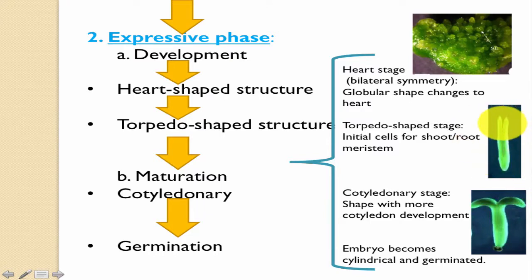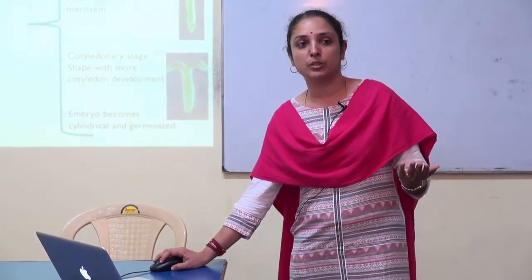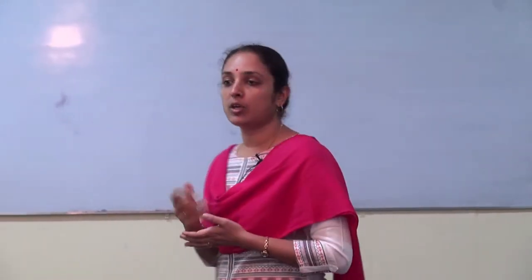with two cotyledonary shaped structures which are going to develop into leaf later on. So this is a torpedo shaped structure which is going to initiate and then develop into a shoot. And then the maturation stage of the expressive phase includes two different structures again, that is cotyledonary and germination.